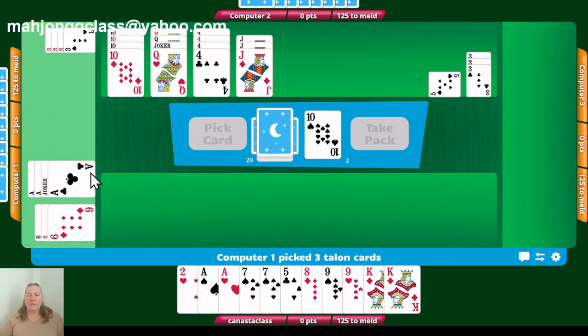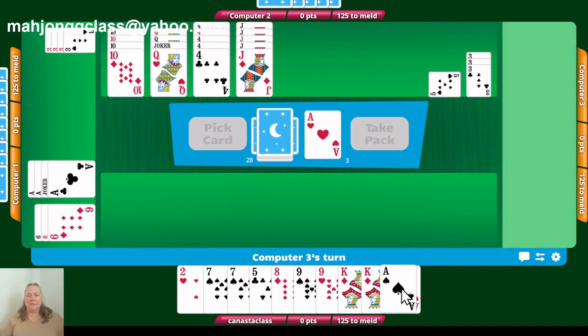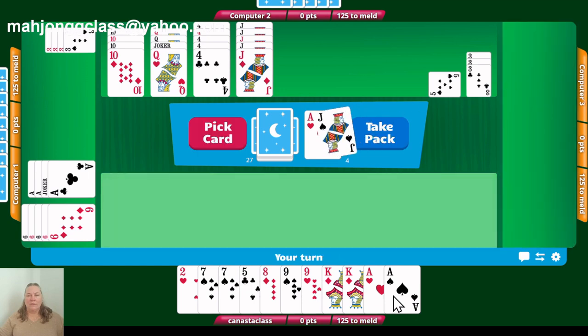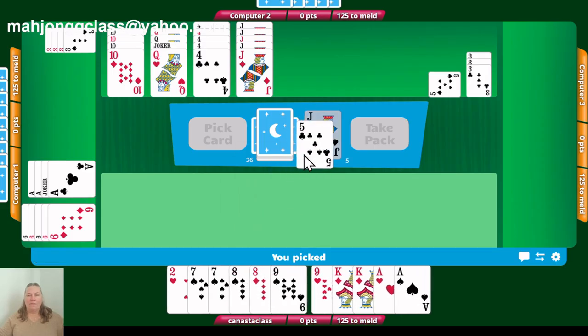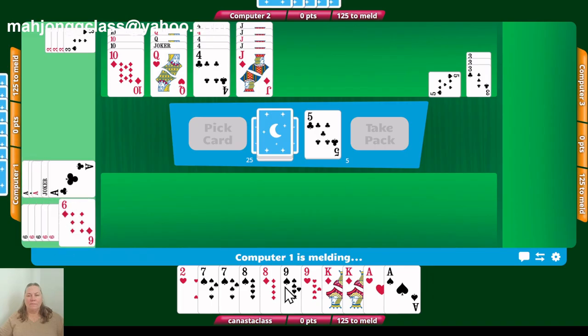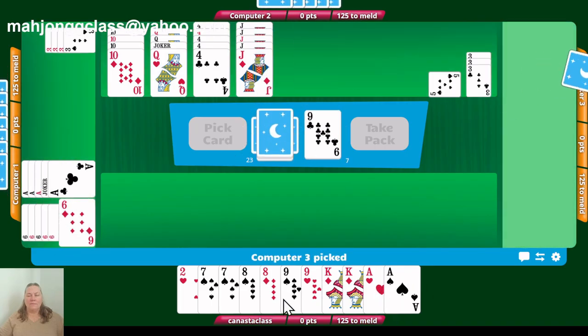Now my opponents have opened with aces. I no longer have to hold these aces. He discarded a jack. I don't have a jack. I'm going to get rid of this 5. My next discards will be those aces.